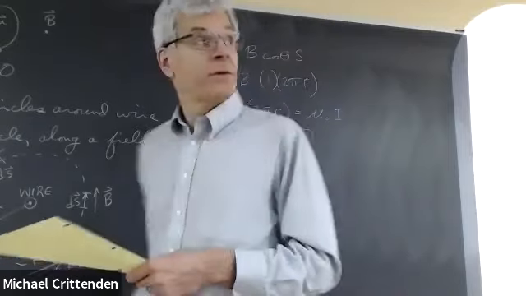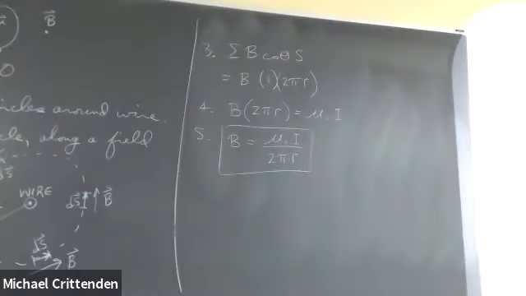And if you were to refer to your formula sheet, you'll find that that's listed under section 8 as the formula for the magnetic field around a long straight wire. I is the current in the wire, r is the distance from the center of the wire to the point where you're calculating the field.